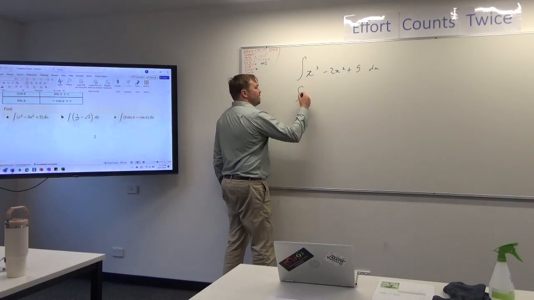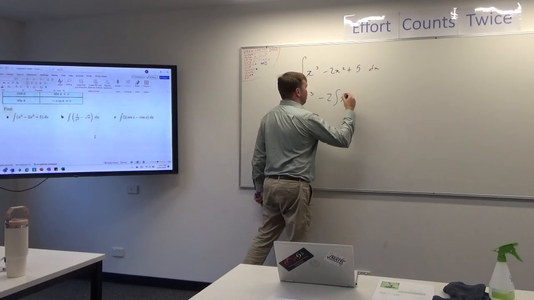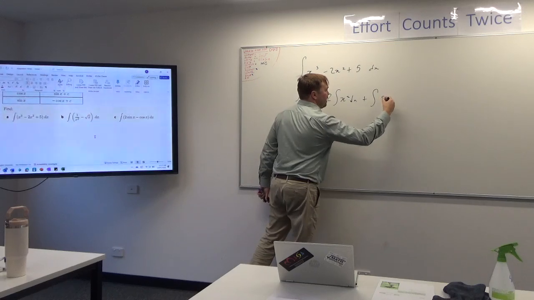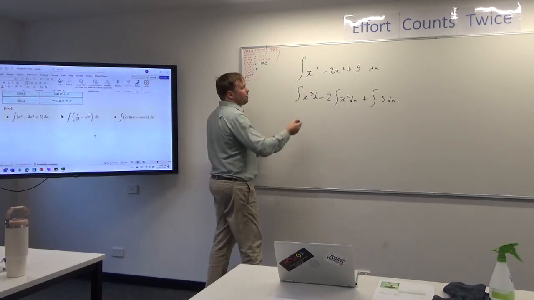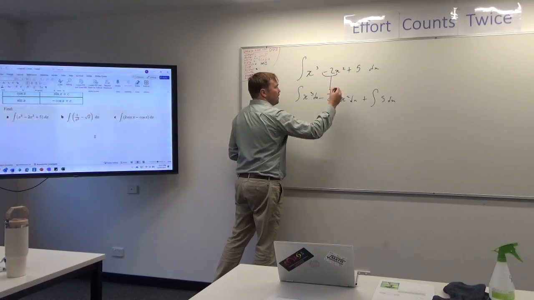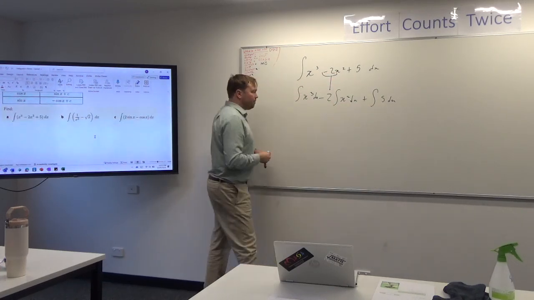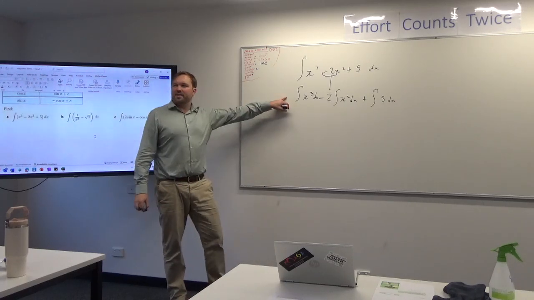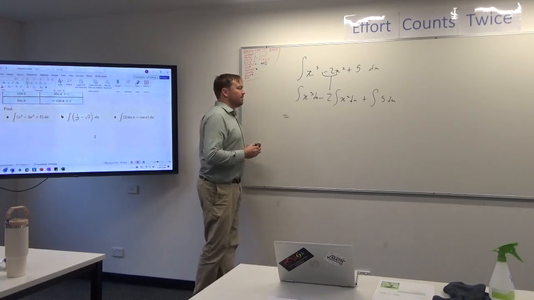But this would be the integral of x cubed minus 2 lots of the integral of x squared, each of these is dx, plus the integral of 5 dx. So, I've removed the minus 2 out the front of the integral and written it like this. Again, in working out, you wouldn't have to write this line, but it helps us approach it nice and easily.